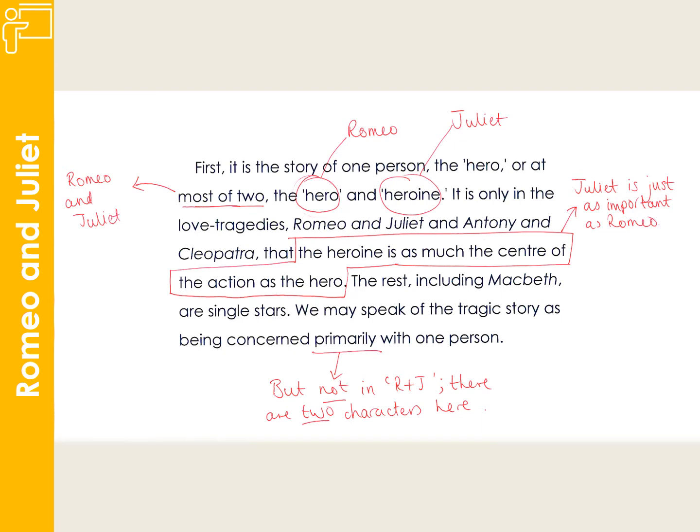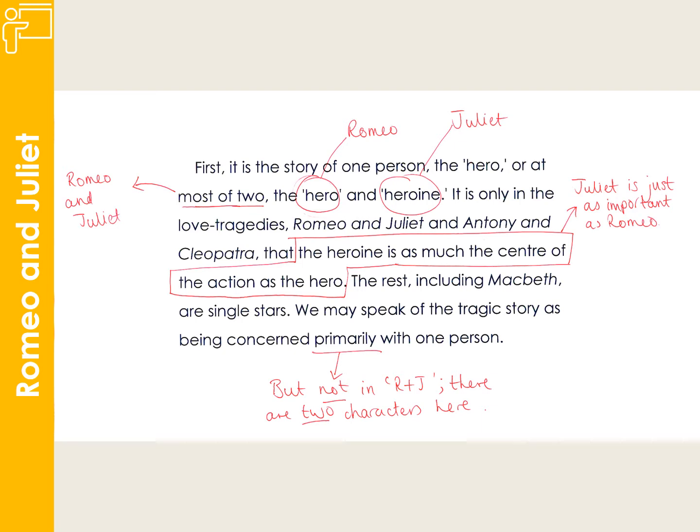It is only in the love tragedies Romeo and Juliet and Antony and Cleopatra that the heroine is as much at the centre of the action as the hero. The rest, including Macbeth, are single stars. We may speak of the tragic story as being concerned primarily with one person." And what you can see is that this example has been annotated to show how Bradley's ideas link to the story of Romeo and Juliet.